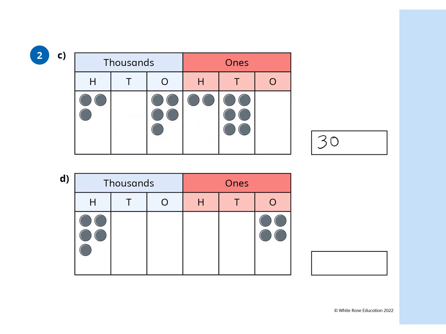No 10,000s. No ones. And then we've got 500,000, no 10,000s or thousands, no hundreds, tens, and 4 ones.